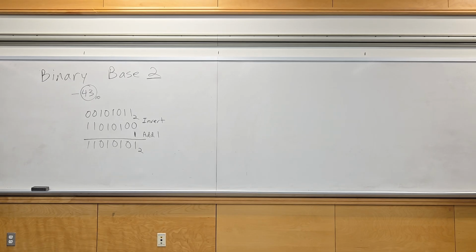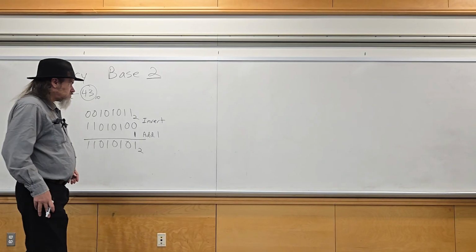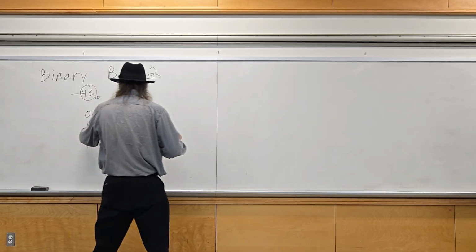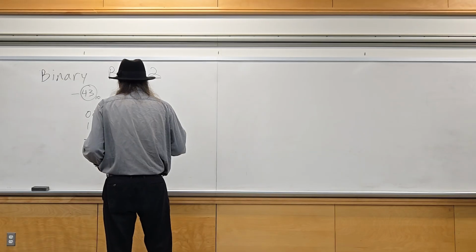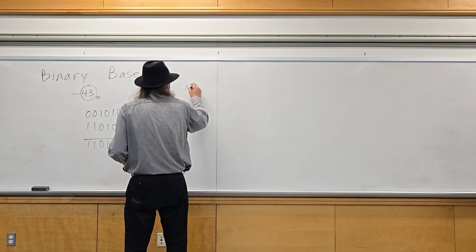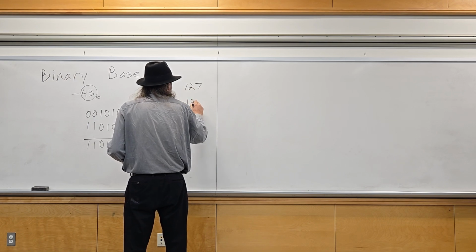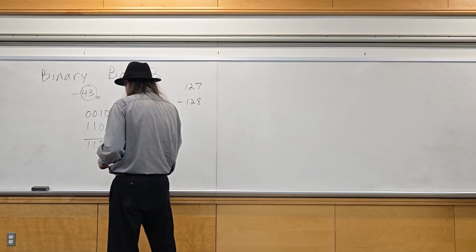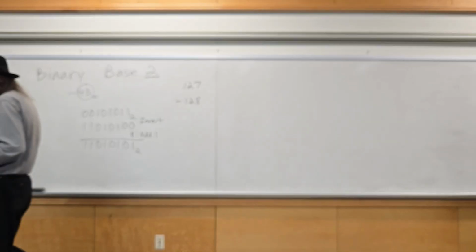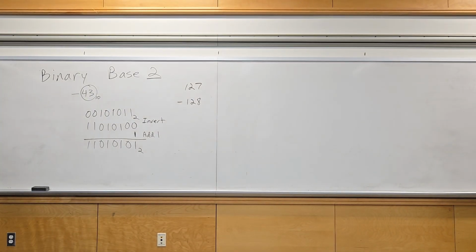An 8-bit number can represent, in 2's complement, 127 to minus 128.